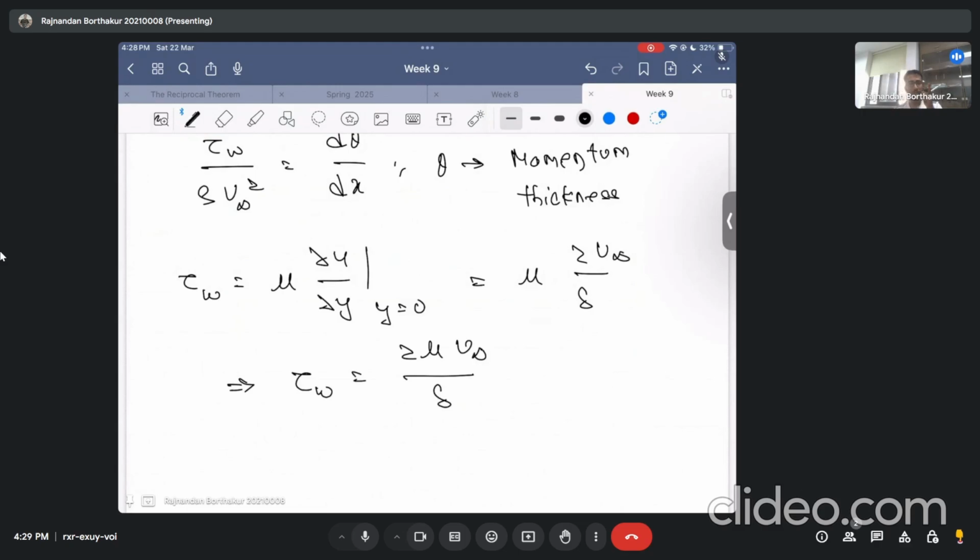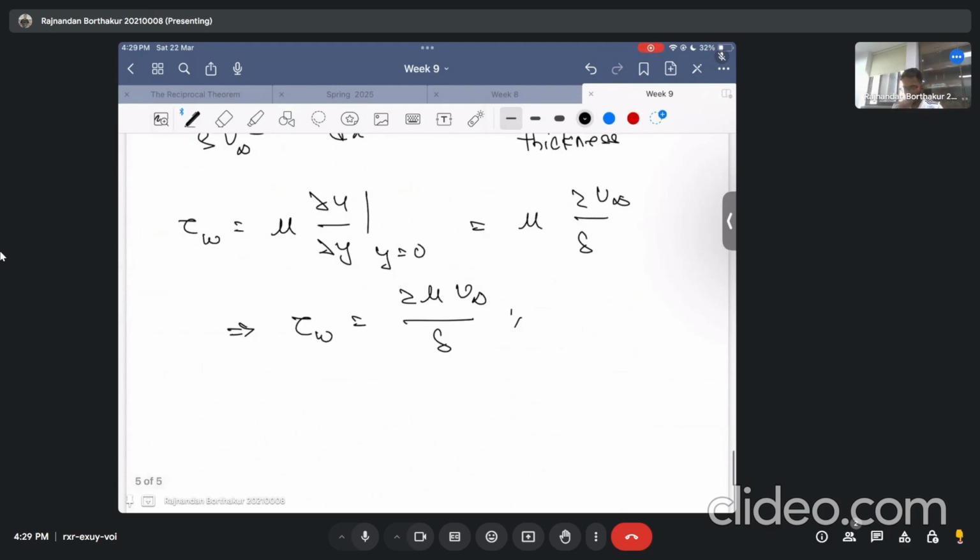And remember, your wall shear stress is actually the maximum viscous stress that the fluid experiences, and this is experienced at the wall. When you move away from the plate, your shear stress decreases and goes to zero when you reach the boundary layer thickness, that is when you reach y equal to delta.